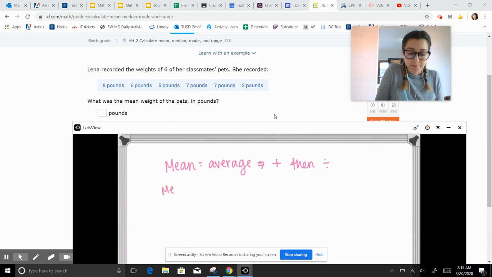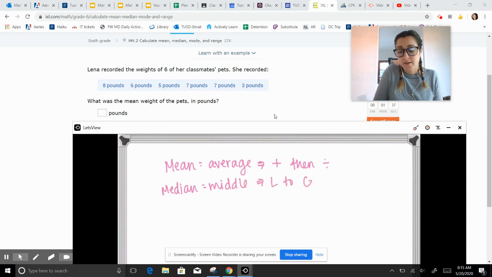Your median is the middle. And in order to find that, you put things in order from least to greatest and then find the middle, okay? And I'm sure we're gonna do a bunch of examples with this iXL.